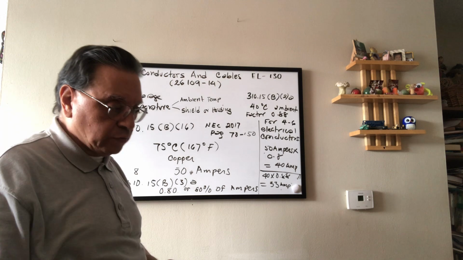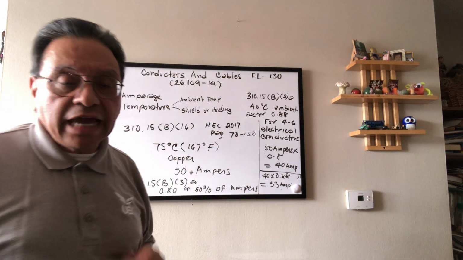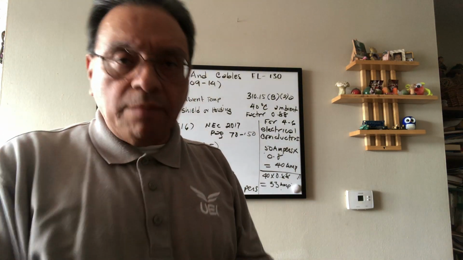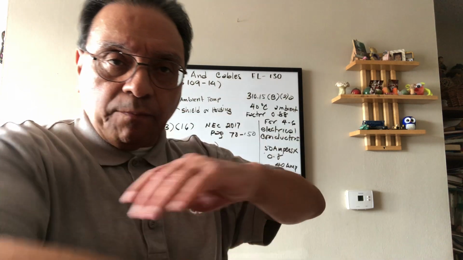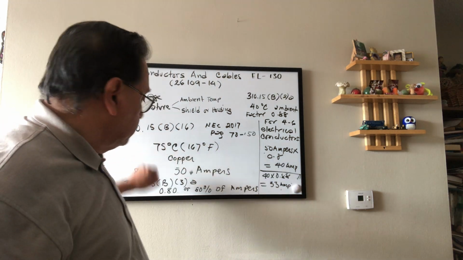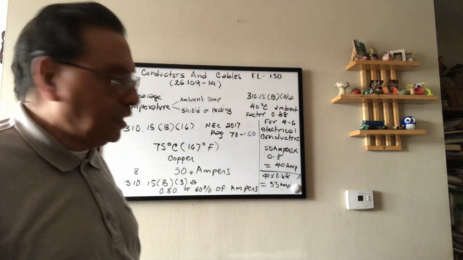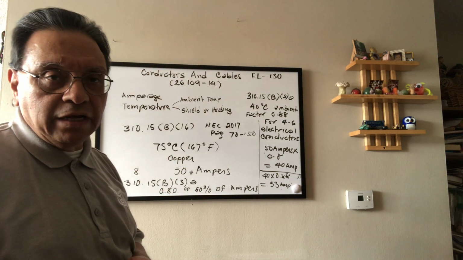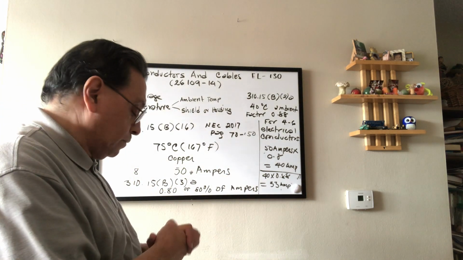And the 75 degrees Celsius is the maximum temperature that the housing, the plastic material, or the material used to protect the electrical conductor can support.